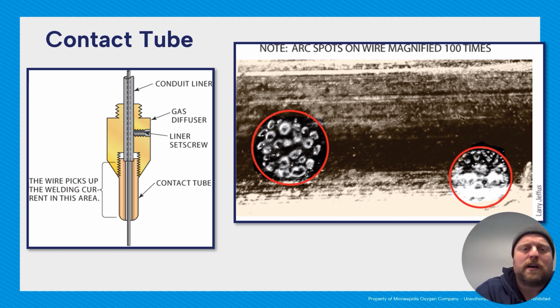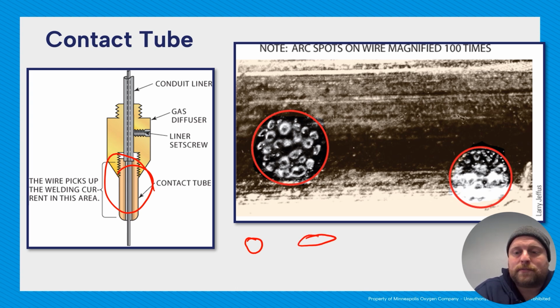For the contact tube itself, as I spoke about before, the electricity is just added at the very end, and at the very, very end is a circular hole. Over time, the wear on that will become an oval. And when that happens, you're not going to get consistent electrical flow because there will be more resistance, and that can lead to actually arcing inside on the wire.